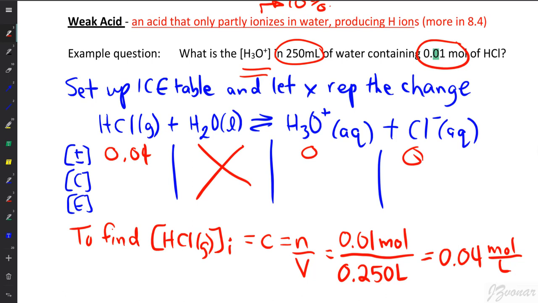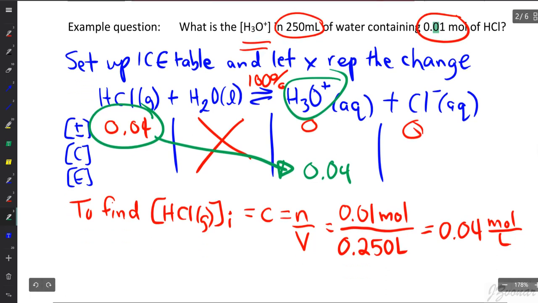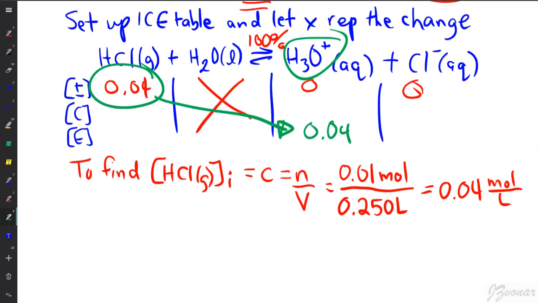Now, because this is a strong acid, it's ionizing 100%. So if I know the concentration of my initial HCl, that is going to represent the concentration of my HCl at equilibrium. Okay, so I don't have to do any initial calculations.